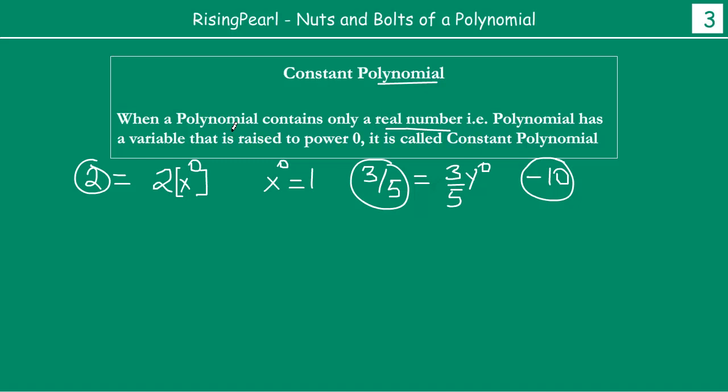मतलब कि जब भी एक polynomial या कोई expression हो that only has a real number, there is no term that contains a variable. That is जो variable की term है, that is itself missing. You just have a constant term. उन्हें हम कहते हैं constant polynomial. They are known as constant polynomial.